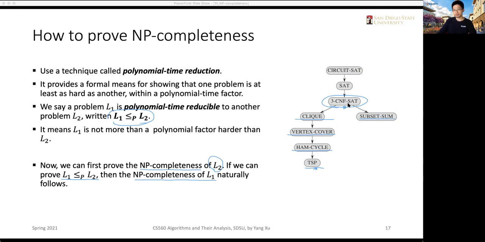They all can be reduced to the 3-CNF problem, and the 3-CNF problem can be further reduced to more general problems like the satisfiability problem and the circuit satisfiability problem. As long as we can prove that circuit satisfiability is NP-complete, then we have proven all the problems below. That is a typical way of doing NP-completeness proofs.